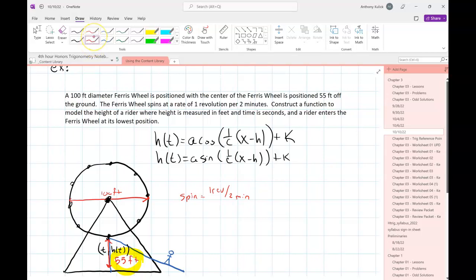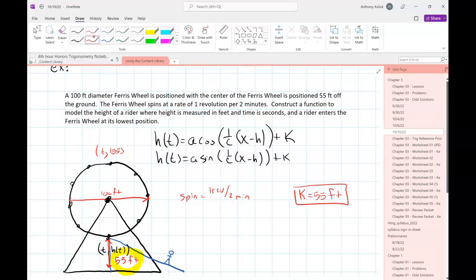So you're right. That's going to be K. So if that's the case, what's the lowest height that our Ferris wheel can have? 55 feet. And the highest? 155, right? Up here is just some kind of t comma 155.